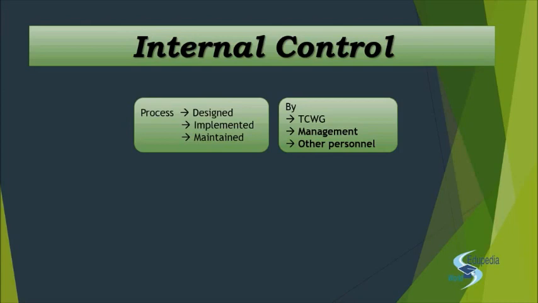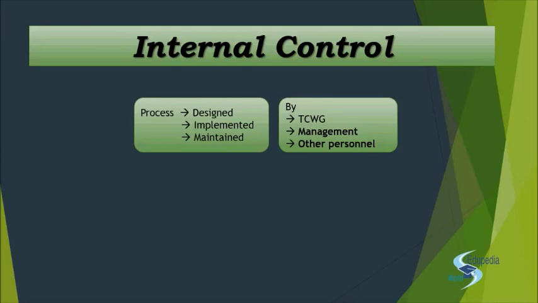So they will design the internal control, and then they will also implement it into their organization, into the working, right? So if we have, for example, decided that if you want to take up stationery from this area, you will have to have an authorization from this person. So that is a control that they have planned, and then that will be implemented, that yes, there will be a voucher that will be prepared, and that voucher will be signed by that person, and then the person will come and issue that these many pens, these many copies, these many registers, these many staplers, and all these things will be issued, right?